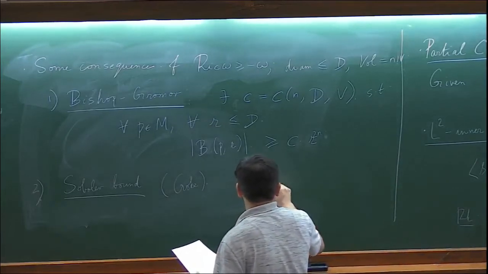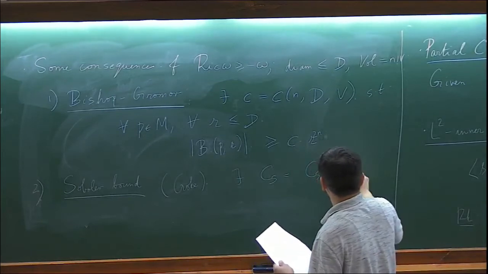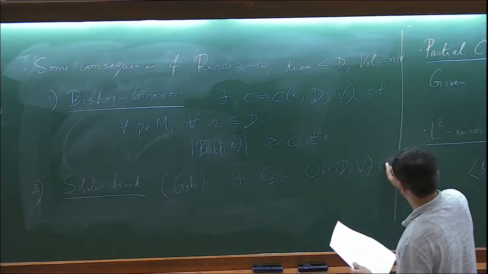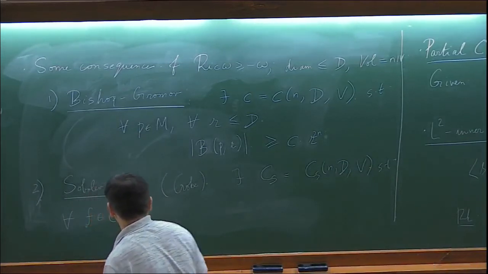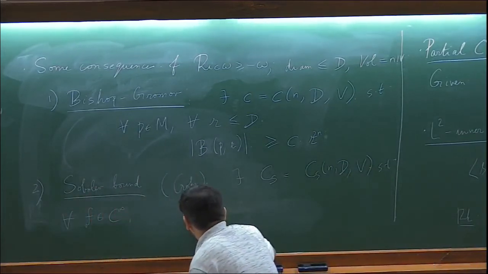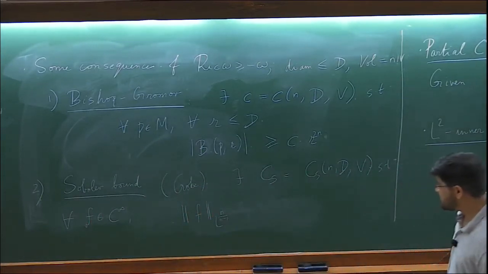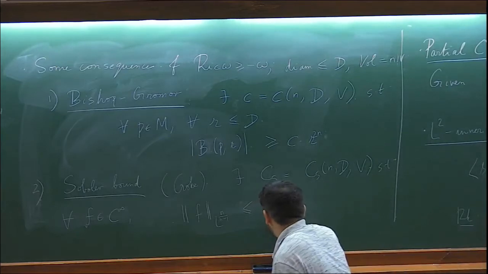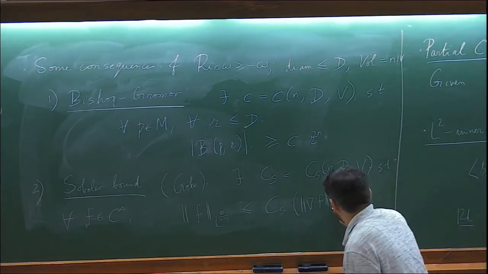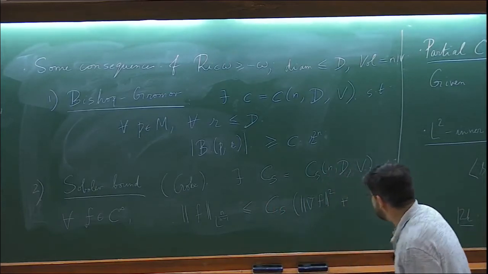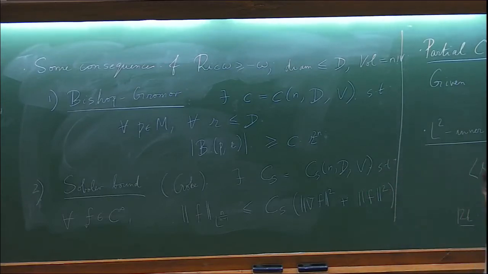So there exists a C_S, which again depends on the parameters that you have, such that for all smooth f, you have an inequality that looks like: the L^{n/(n-1)} norm of f is bounded by the Sobolev constant times the L2 norm of the gradient squared plus the L2 norm of f squared.